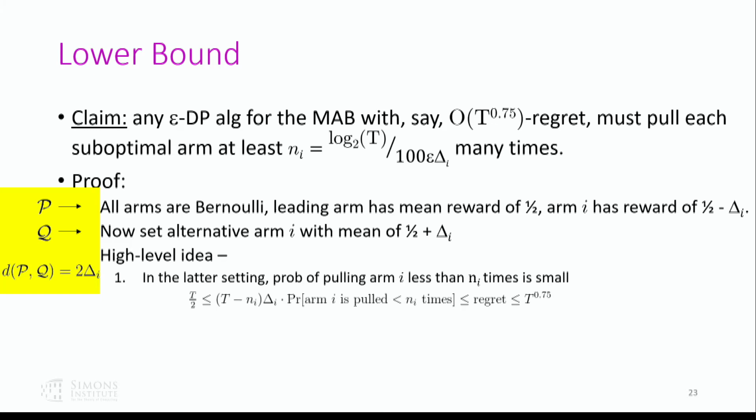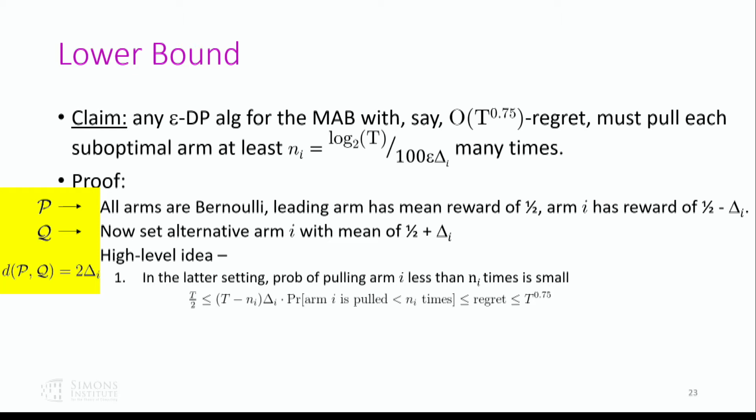So step one, if all the rewards of arm i are drawn from Q, the probability that I'm pulling so few samples from the right arm in this setting, the leading arm, is going to be polynomially small. And that is just Markov, because my regret is upper bounded by the probability of pulling it very few times, and each time I pull, oh, it's t over 2 times the probability, sorry.